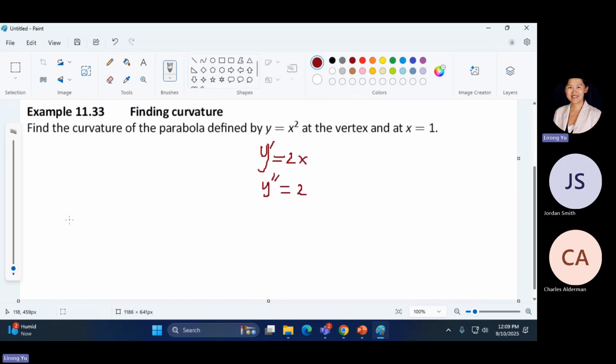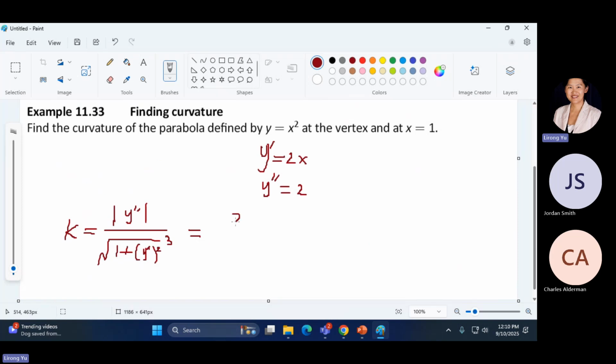Okay, so now the curvature calculation: k equals the absolute value of the second derivative, divided by the square root of 1 plus the square of the first derivative, cubed. It's related to the two-dimensional case, but we don't have to worry about the second derivative of x, because the first derivative of x equals 1 and the second derivative equals 0, so the only thing we worry about is y.